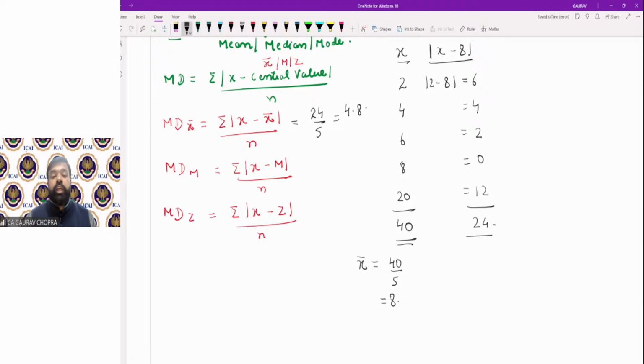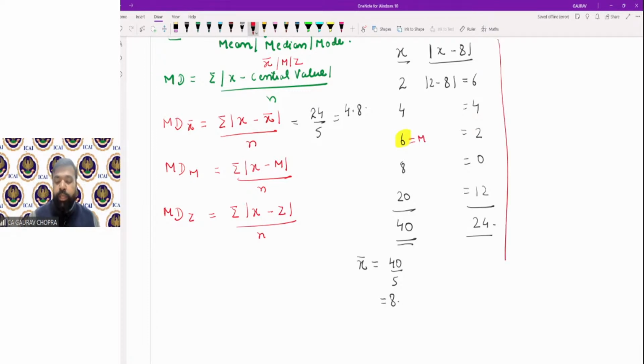If you require mean deviation from median, then you first have to calculate the median. So what will the median be? Median is the middle most observation of an arranged series. So the series is already arranged and the middle term is 6. So you can calculate median by our normal procedure. So your median is 6.